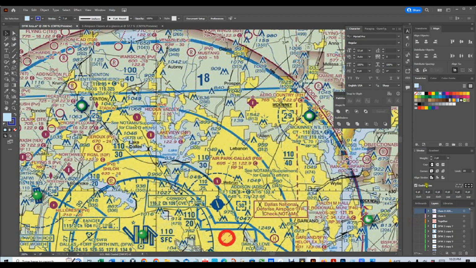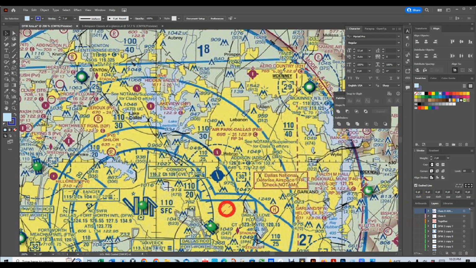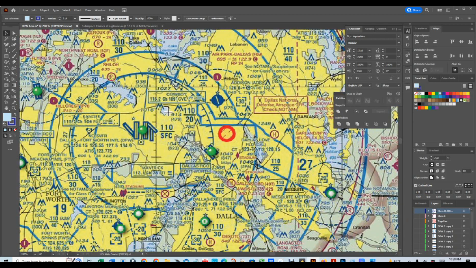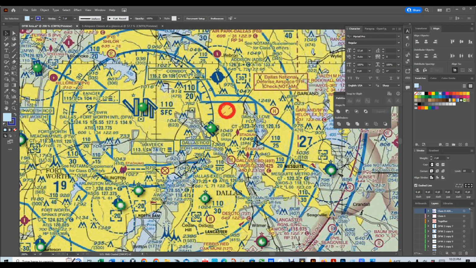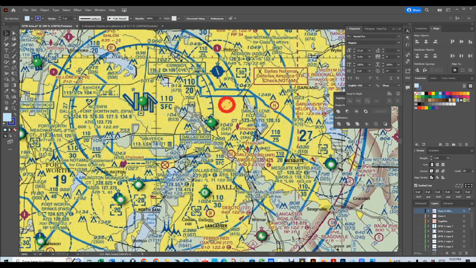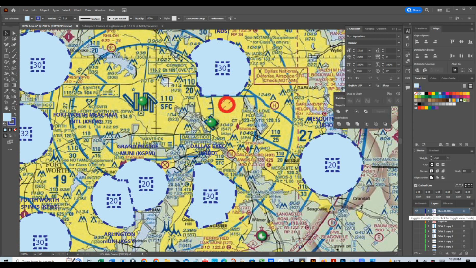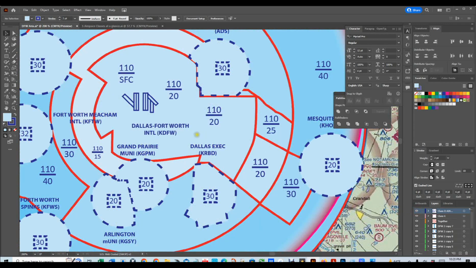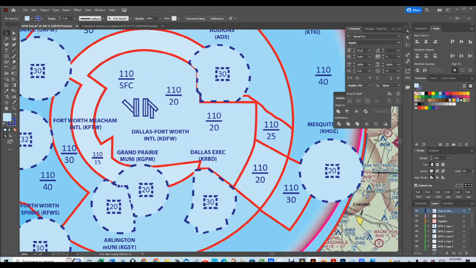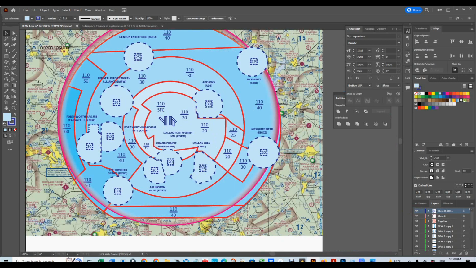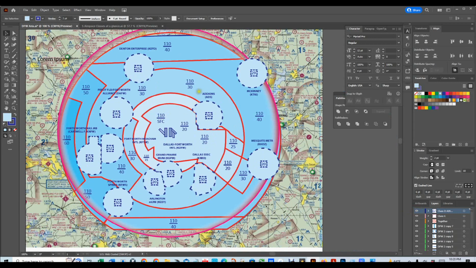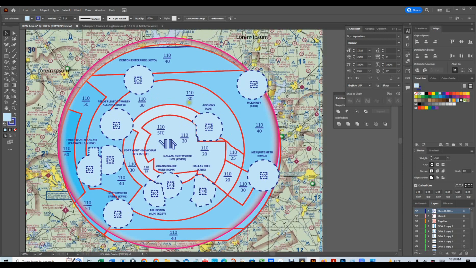Okay, so in addition to that, there's a lot of stuff going on here, and for right now, don't let it get overwhelming. But one thing I do want to show you is that if you look at all these areas, each section has a number. Like this one is 110/30. So if you add 2 zeros, that's what your airspace is for.